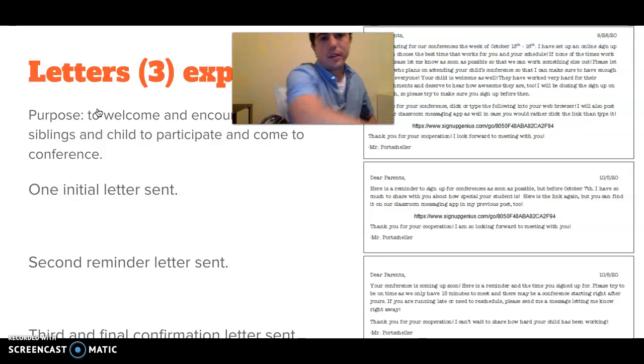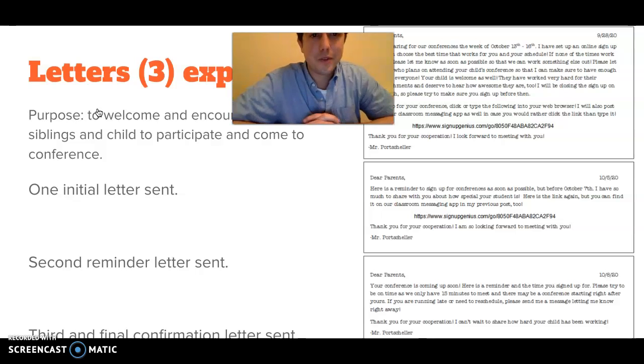Also, the letters. I send out 3 at the beginning of the year. One initial letter is sent about a month in advance, so it gives them some time to really look it over, and I have a website there that they can sign up on. They can also sign up just by sending the letter back with what days and times.